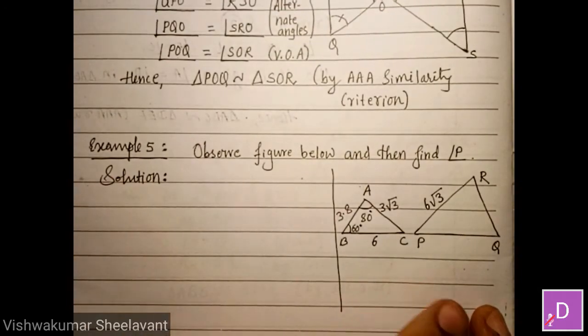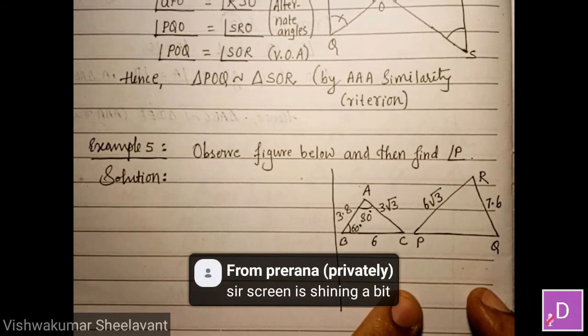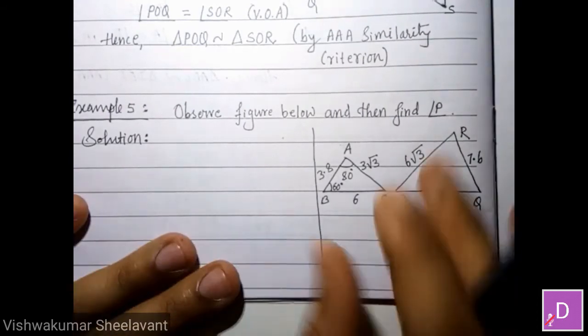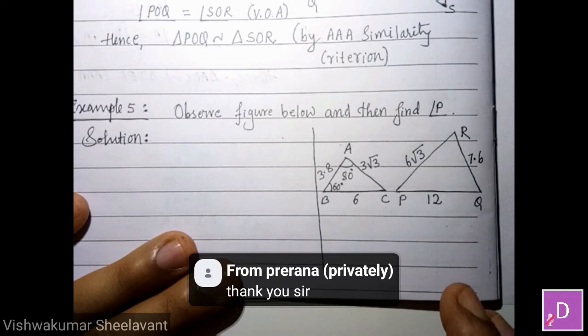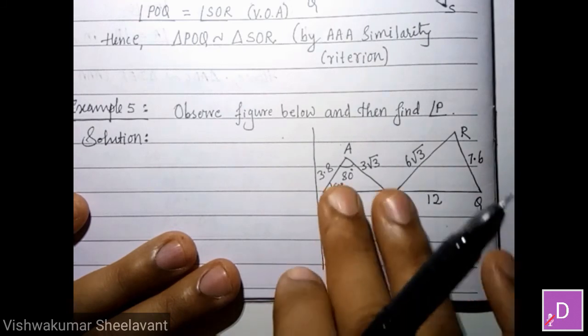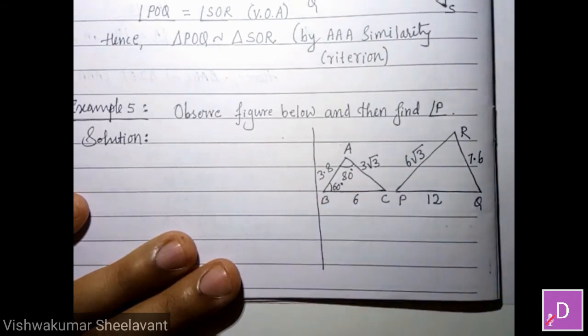(6√3). 7.6. And this PQ is given as 12. Here units are not given, centimeter, meter or millimeter, anything. When units are not given, you have to assume that in both the triangles, units are same, either centimeter, millimeter or meter or kilometer.